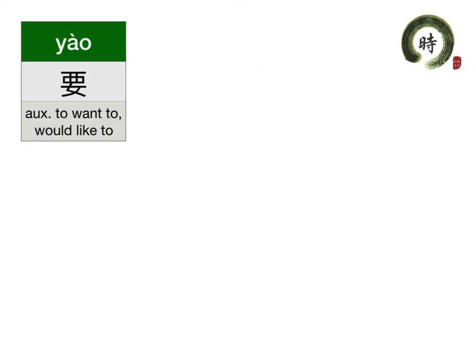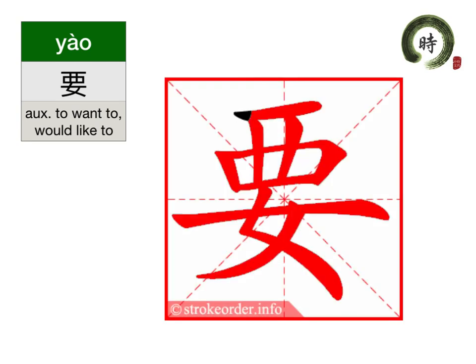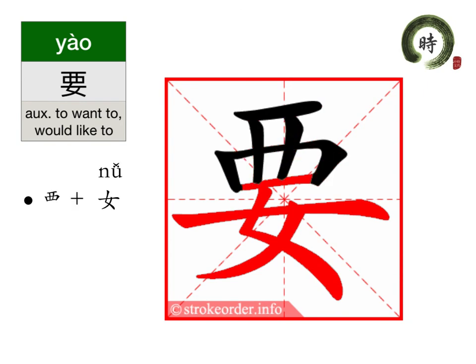So here, the next word is 要. 要 means to want to or would like to. So here is a remember method for you. 女孩子需要很多东西。So the lower part is 女 and the upper part here is 西.